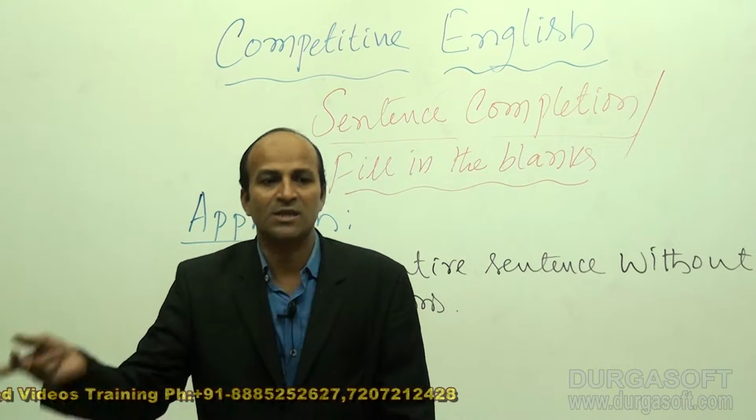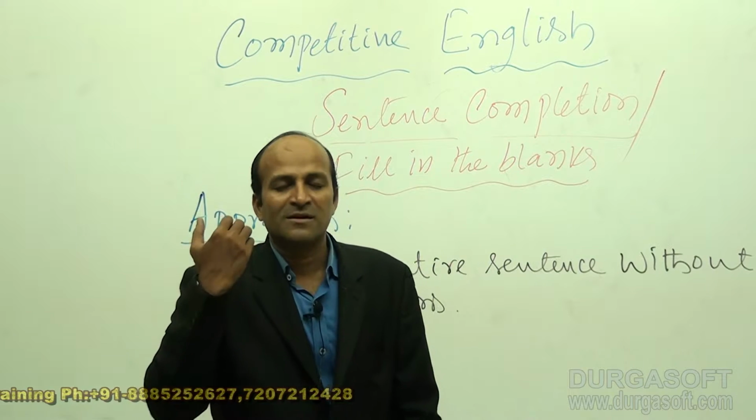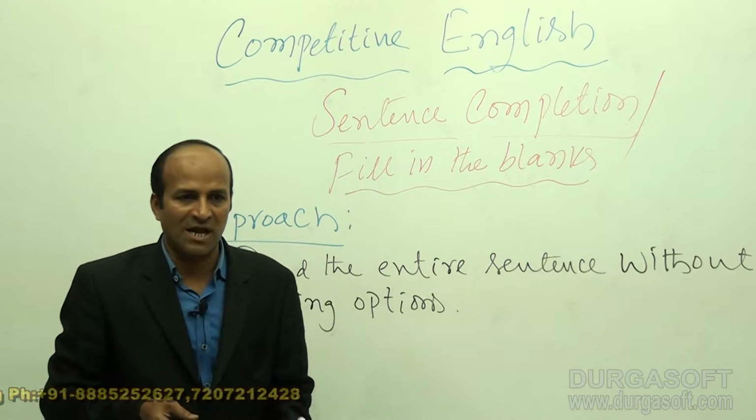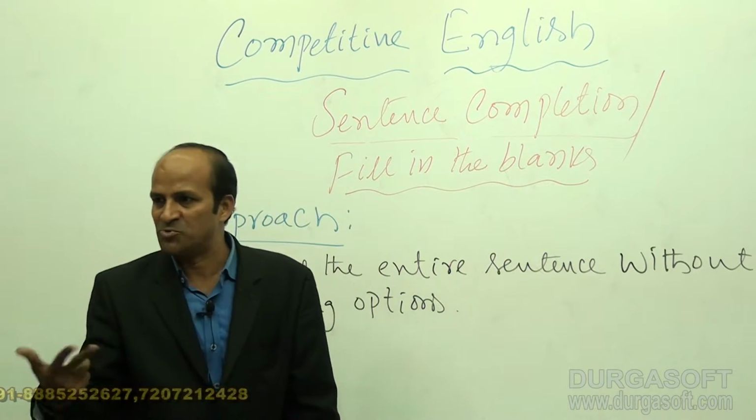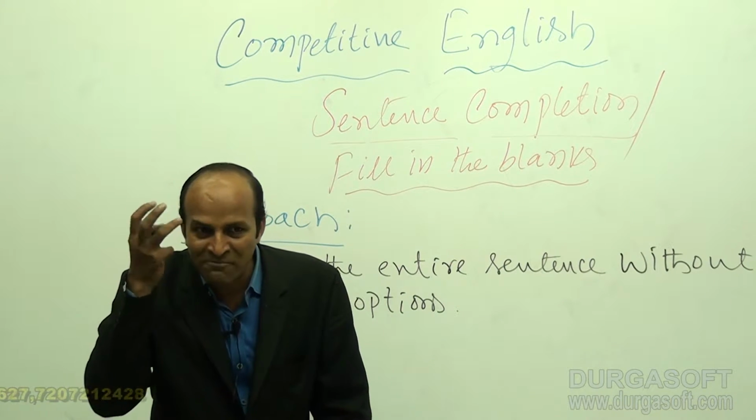Without reading the options, you read the sentence, understand and comprehend what the sentence is all about. If you understand what the sentence is about, it is easy to predict some options.